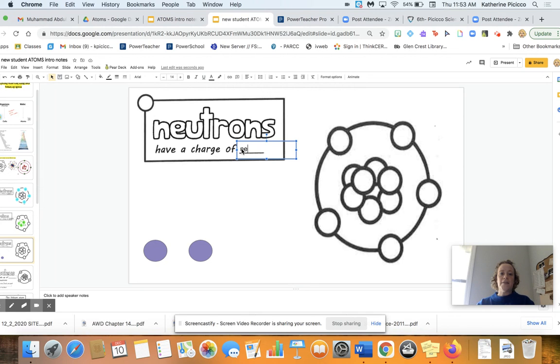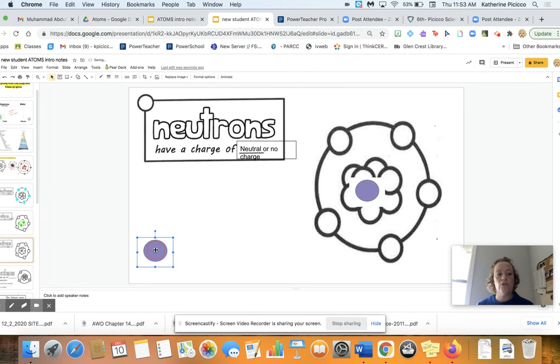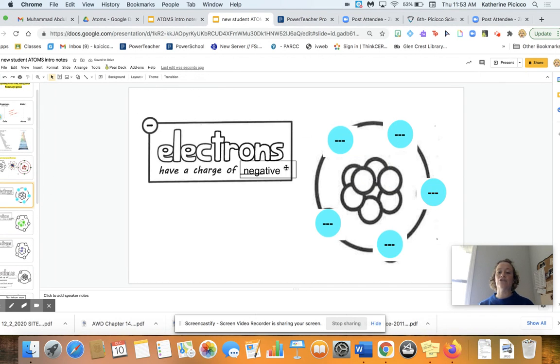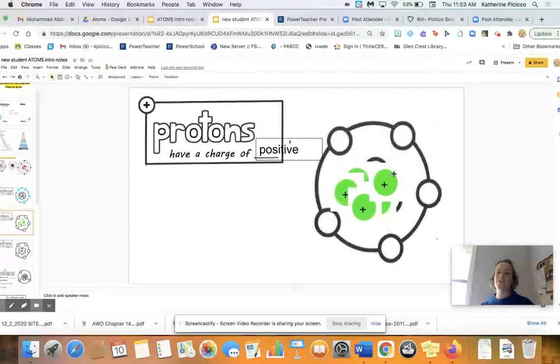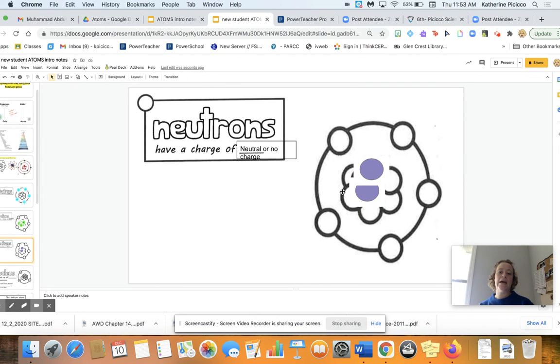So neutrons have a charge that is neutral, or no charge, okay? So when we draw them with no plus and no minus in them, they go in the center. They hang out with the protons in the nucleus, okay? So the 3 parts of the atom are the negative electrons on the outside, the positive protons in the middle, and the no charged neutrons in the middle.